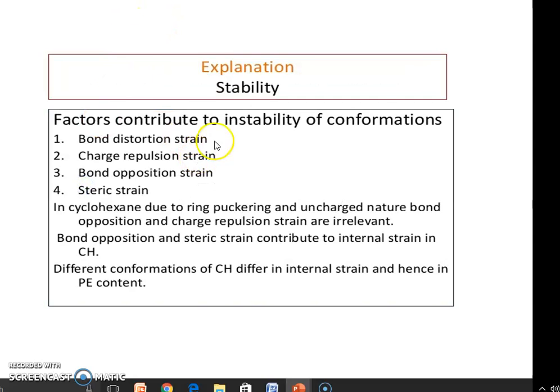Here, this is the explanation we can give for the stability. The factors which contribute to the instability of the conformations are the various strains observed: bond distortion strain, charge repulsion strain, bond opposition strain, and steric strain.